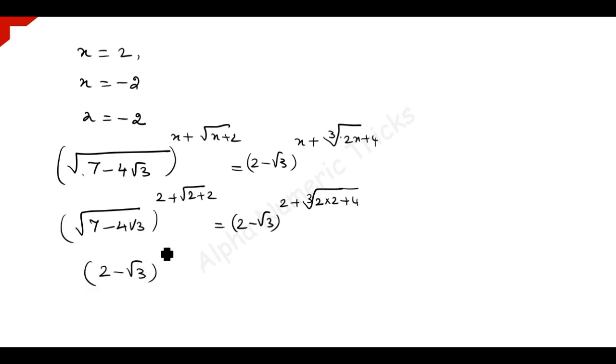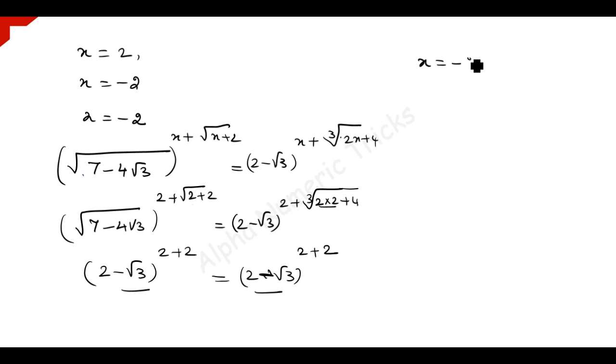Okay, we write 2 root 3. Square root of 2 plus 2 is 4, the square root of 4 is 2, is equal to 2 minus root 3 whole to the power 2 plus, here you have 4 plus 4 is 8, cubed root of 8 is 2. So we get the answer. So x is equal to 2 is one solution.